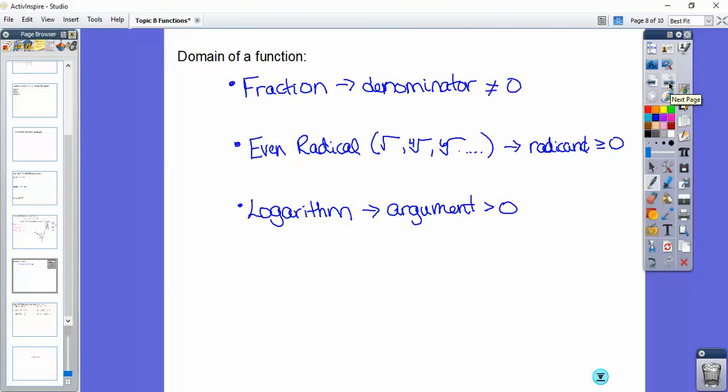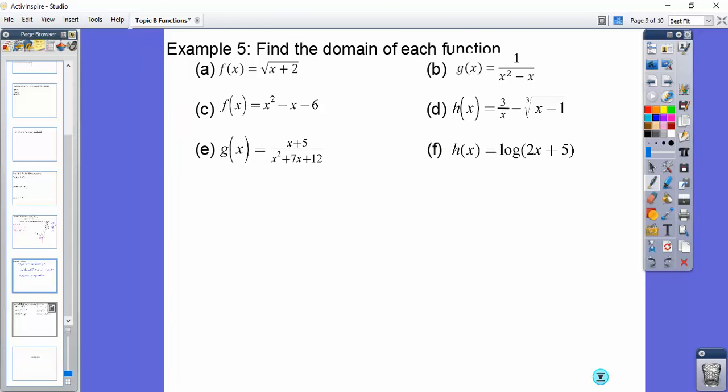Okay, so let's do some domain problems. Find the domain of each of these. So A, we have an even radical, a square root, so that means the thing underneath has to be greater than or equal to 0.